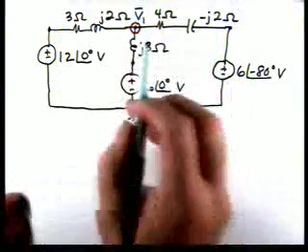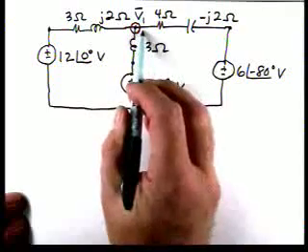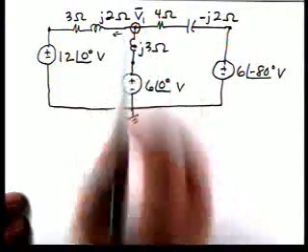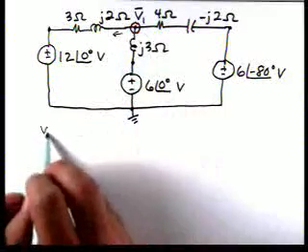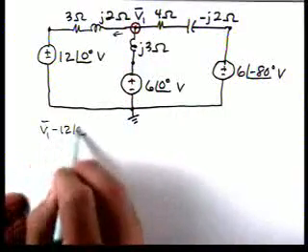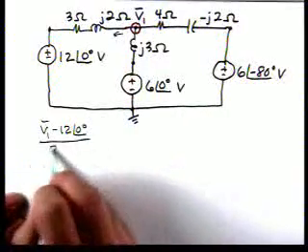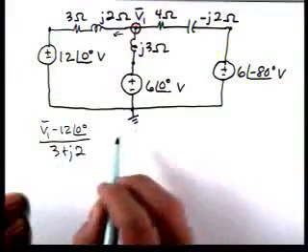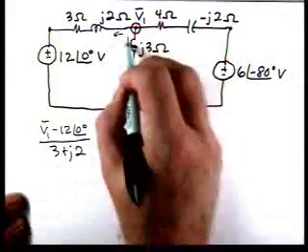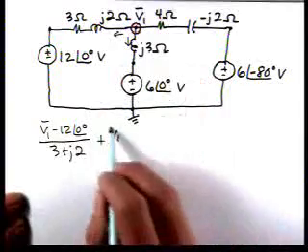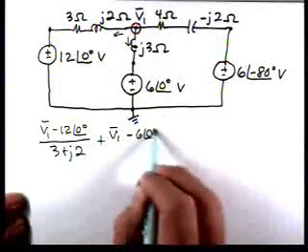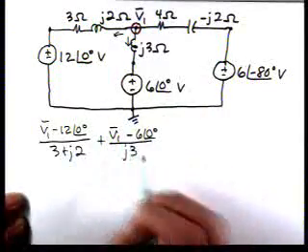So starting here, the current leaving going out this way is (V1 minus 12) over (3 plus j2). Then the current through here is (V1 minus 6) over j3.